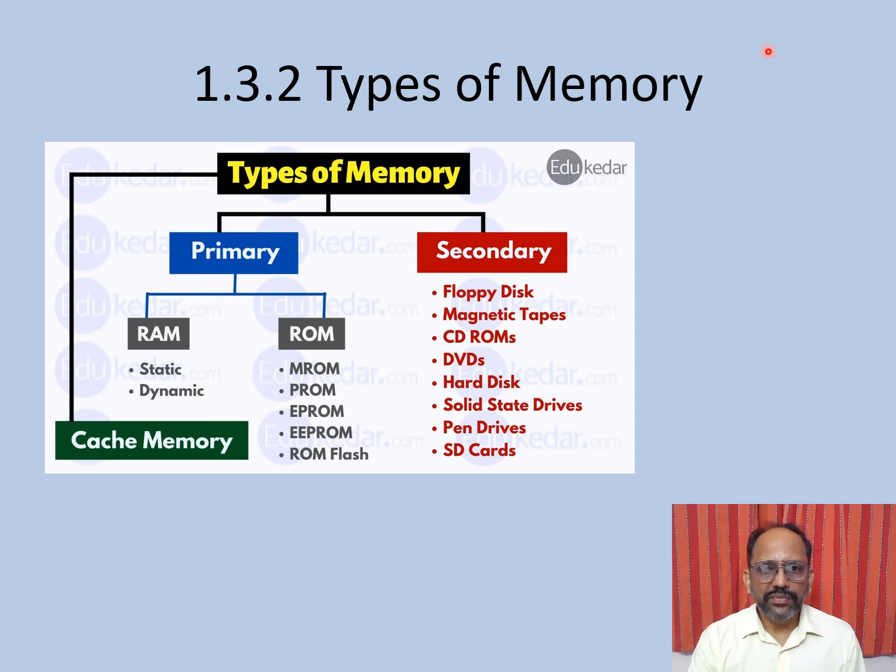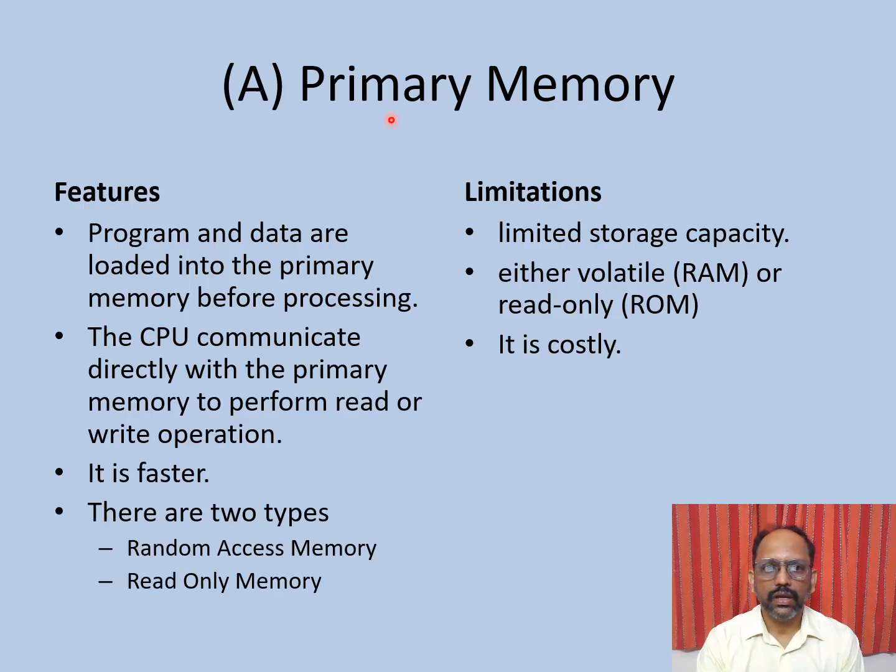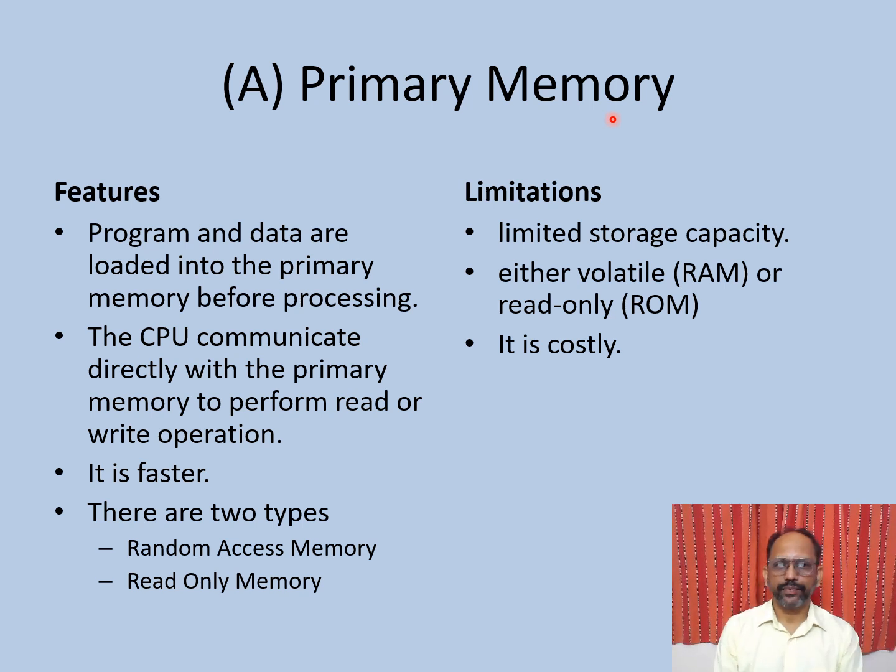There are different types of memory in a computer system, namely primary memory, secondary memory, and cache memory. Primary memory means the main memory of the computer. The program and the data are loaded into the primary memory before processing.